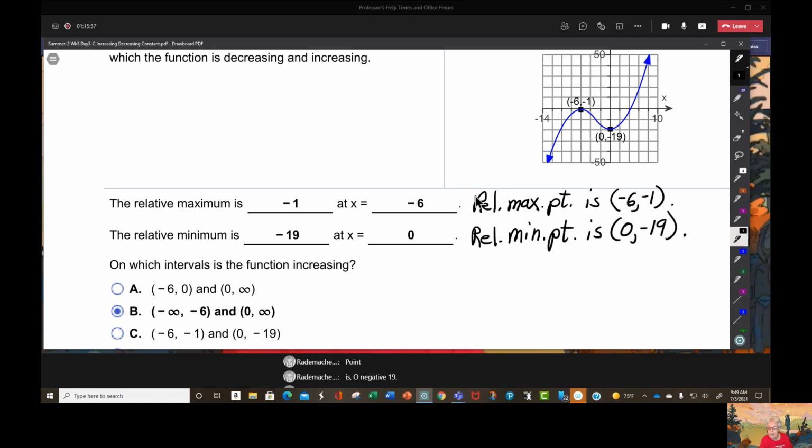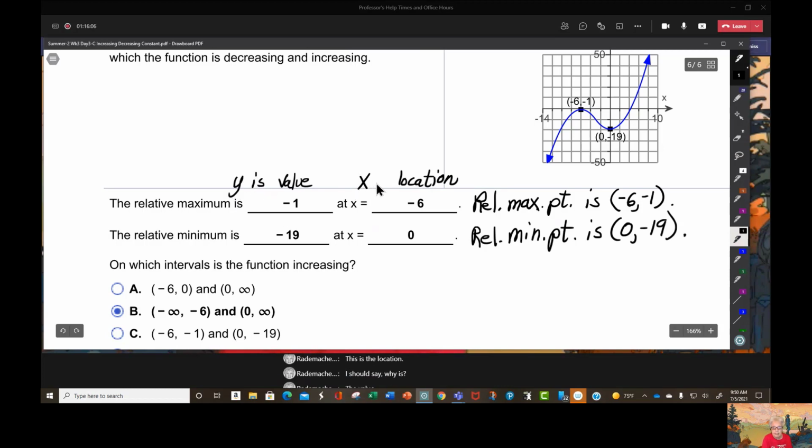And here's how that breaks down. The relative maximum is -1 at x equals -6. This is the value. This is the location. I should say y is the value, x is the location.